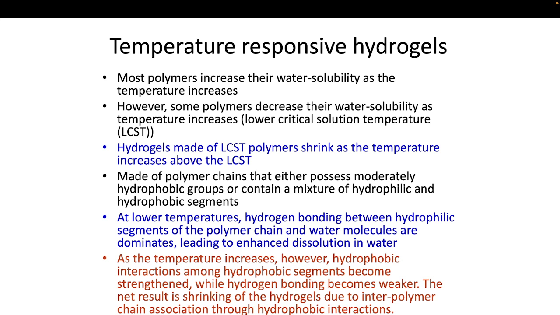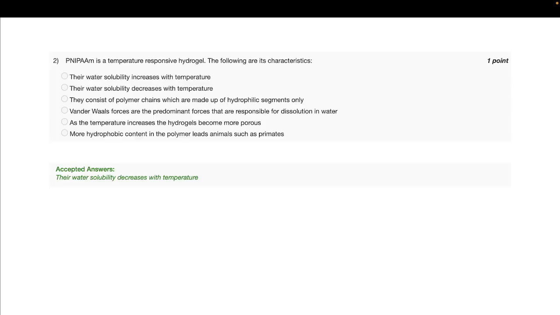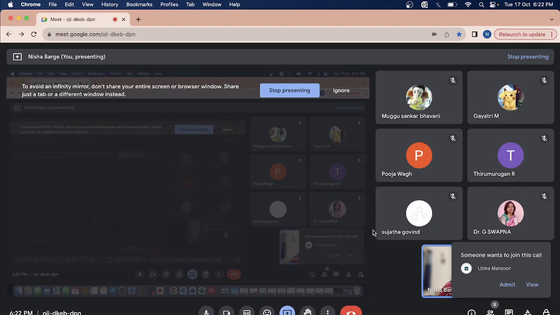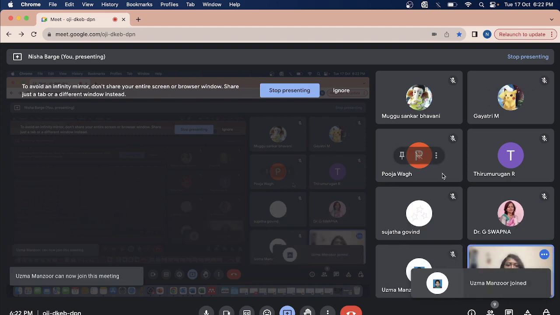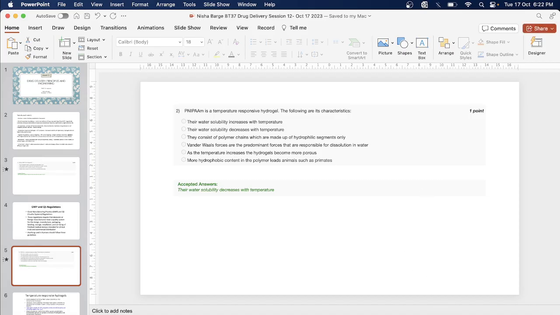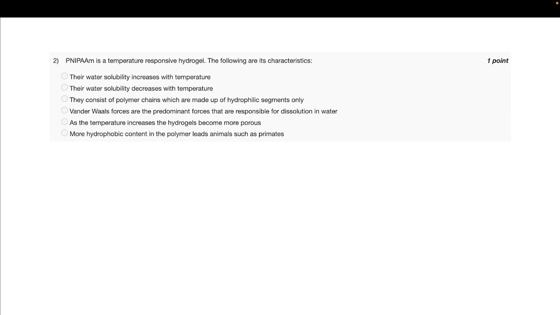As a result, the hydrogels will start shrinking due to these hydrophobic interactions, and that's why at high temperatures they will start shrinking and they lose their solubility. So that's the right option here. Any doubts here? If not, we can move towards the next question.